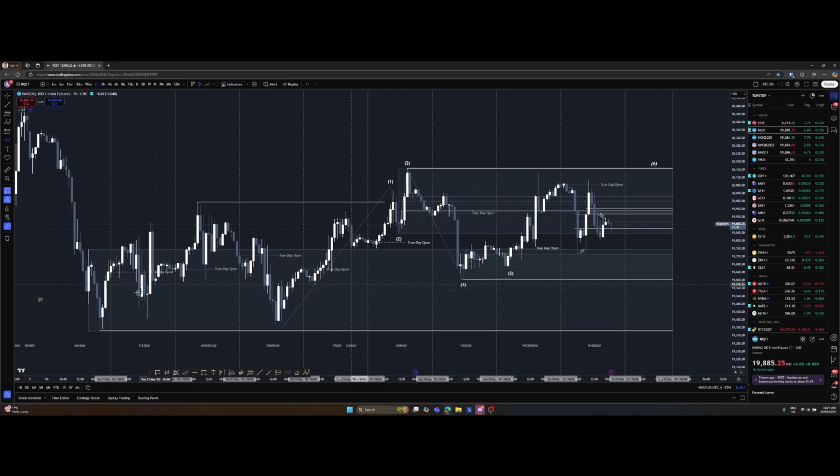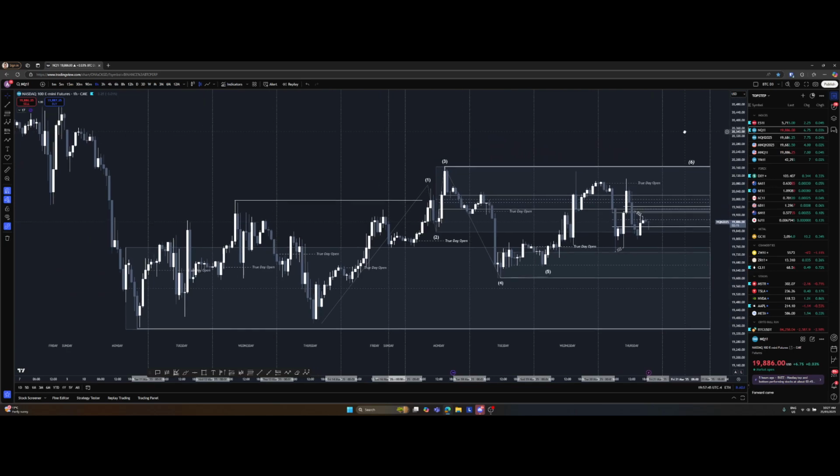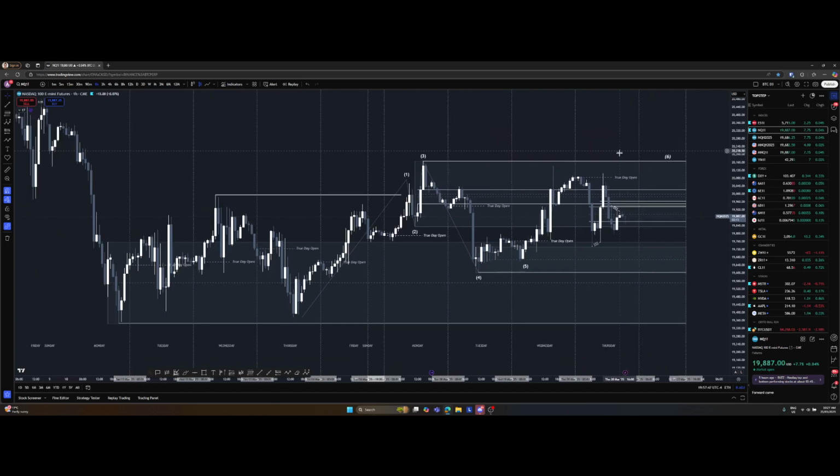And market structure wise, high, low, higher high, higher low, and waiting to see how this resolves. A plausible higher high if we don't just consolidate tightly in here, which could happen until news as well.